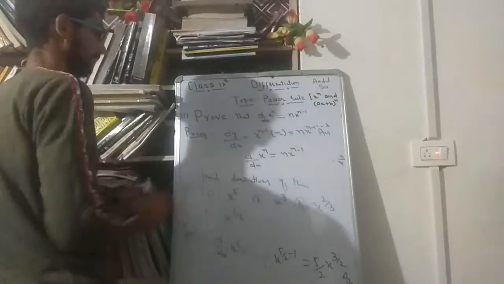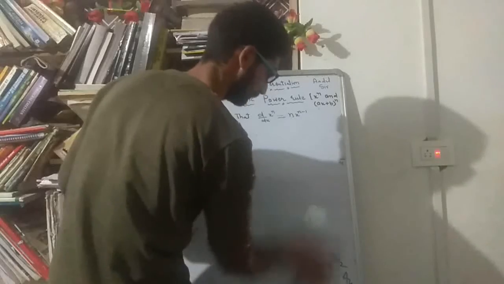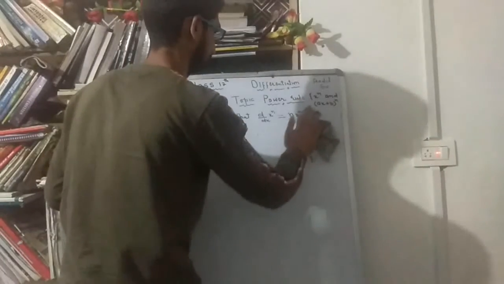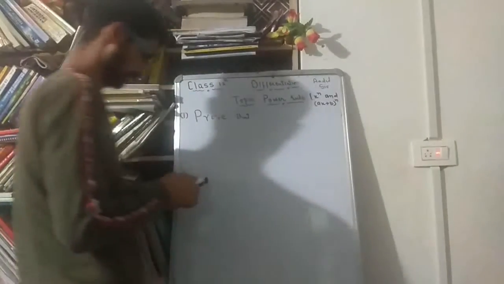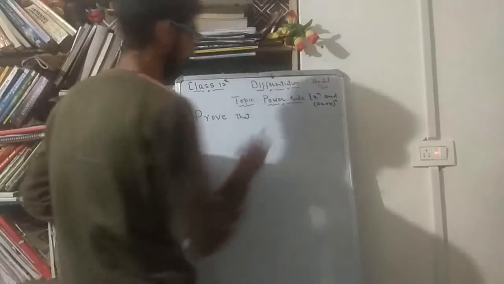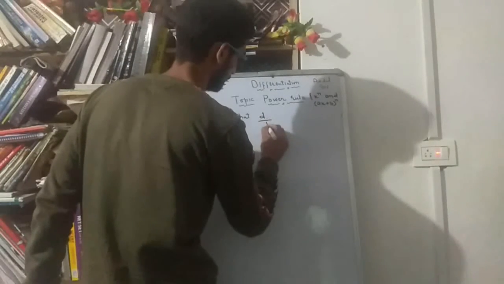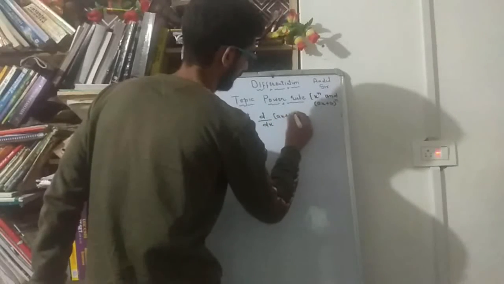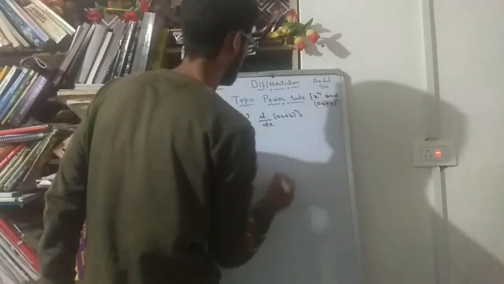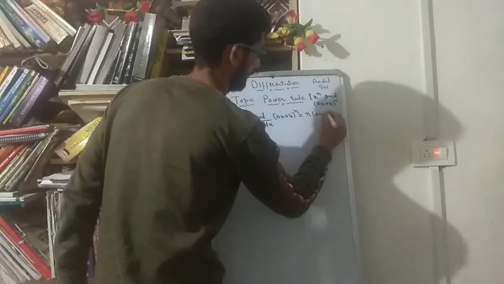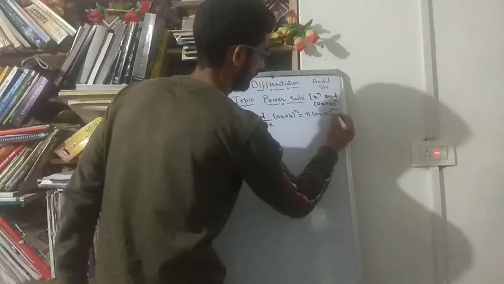Now we will solve another one, and that is: prove that the derivative of (ax plus b) raised to the power n is equal to n (ax plus b) raised to n minus 1 into a.